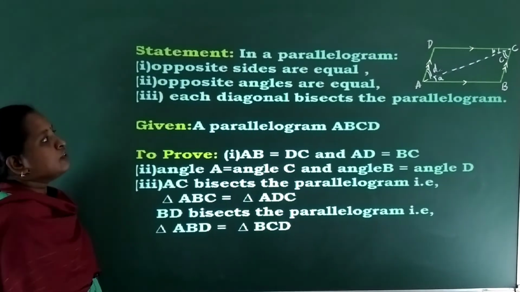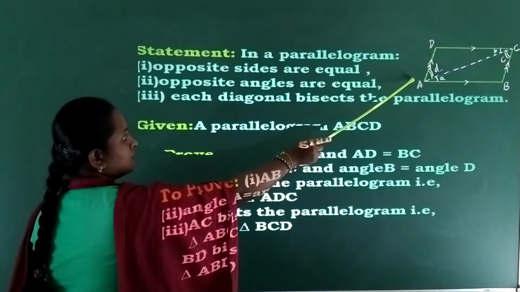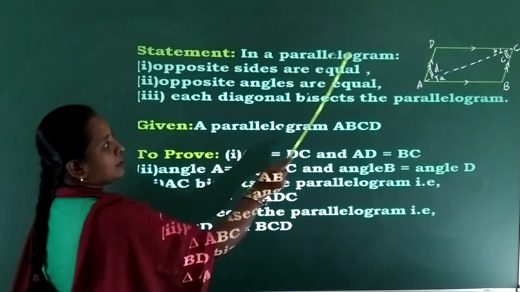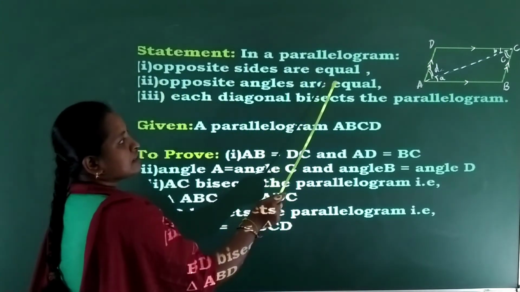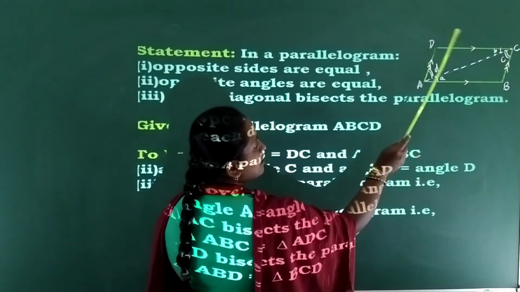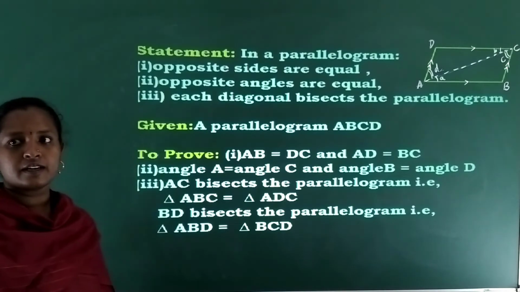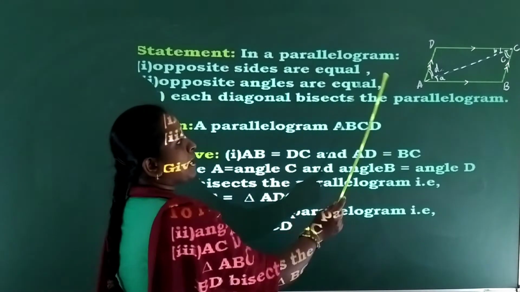Correct, children? So now what is the statement? In a parallelogram, opposite sides are equal. Opposite angles are equal. This is angle A equals angle C, angle B equals angle D. Correct?